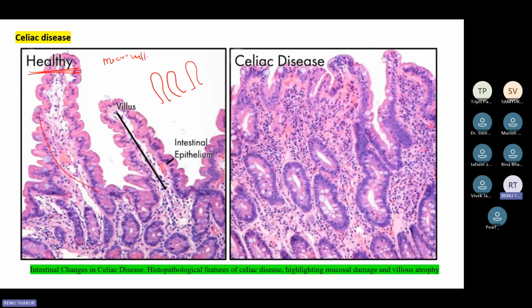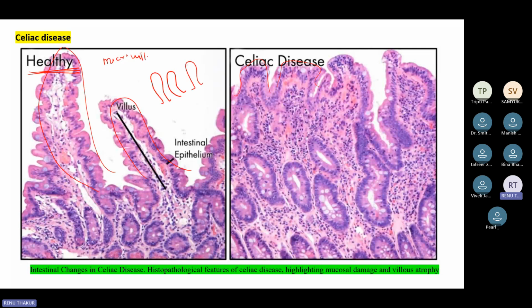But here you can see the atrophy; there are no pointed tips, and if you map the overall anatomical cells inside the villi, that will also show alteration. So you can see there is a visible difference between the villi of the healthy individual and the celiac disease individual.